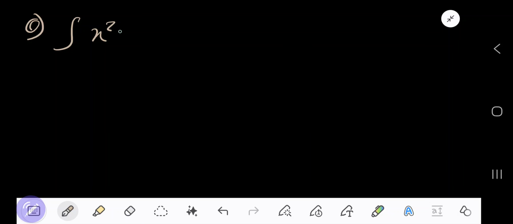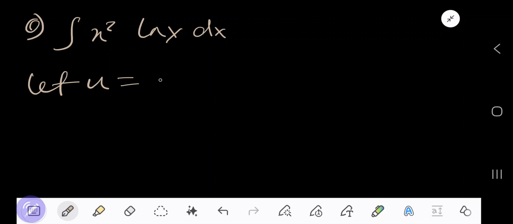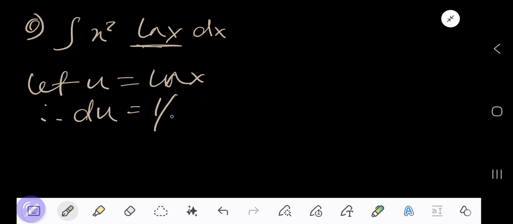integral of x square ln x dx. Here again we can use u dv. So we're going to let u be equal to ln x. So therefore we'll have du, which is 1 by x dx, right?